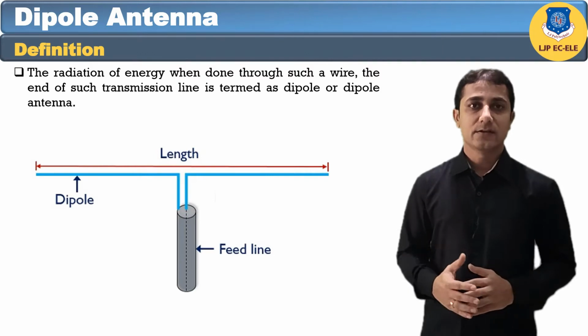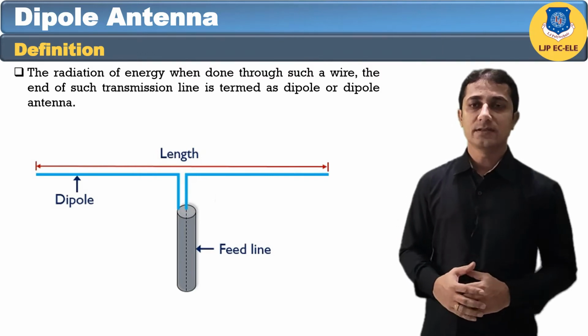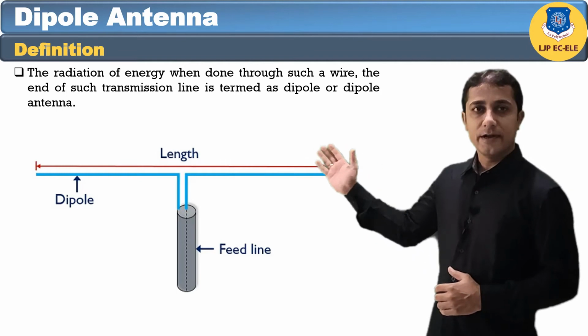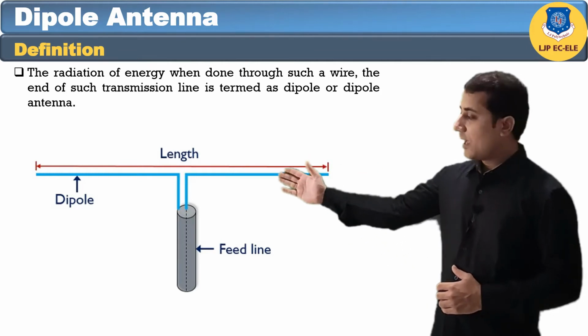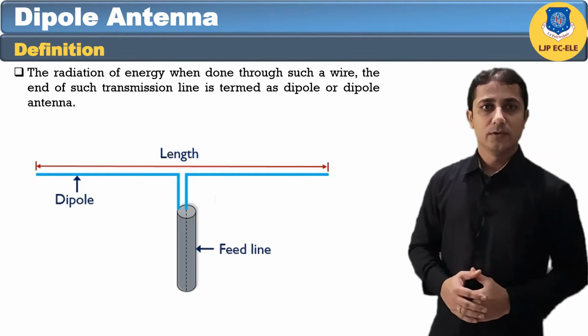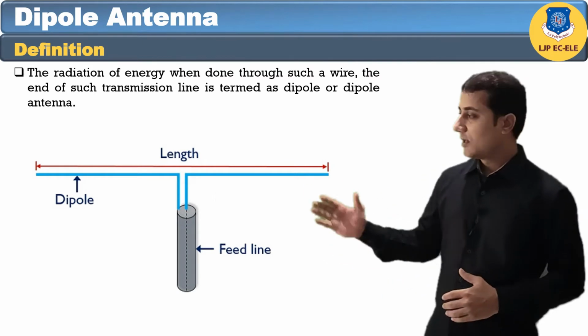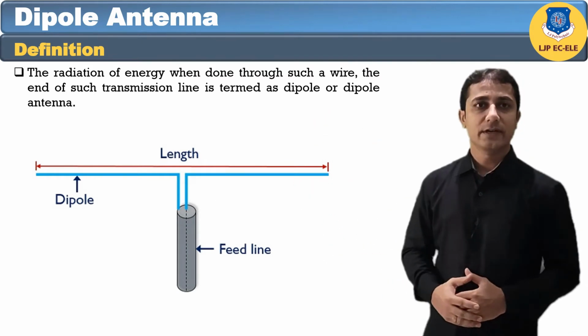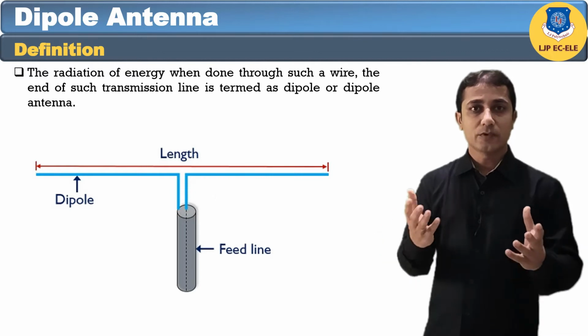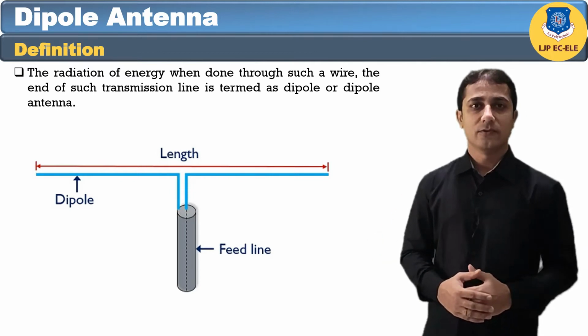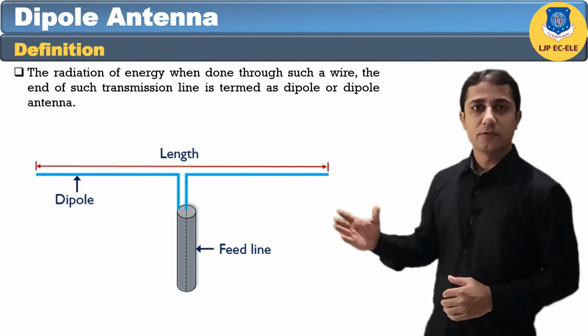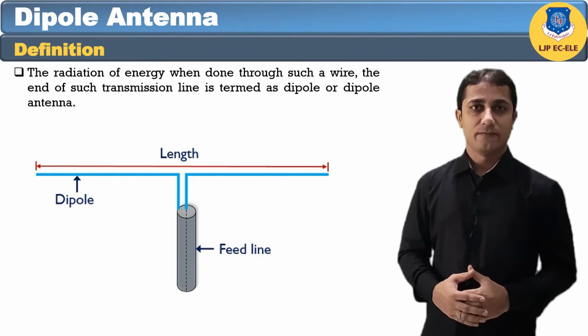The reactance of the input impedance is a function of the radius and the length of the dipole. The smaller the radius, the larger the amplitude of the reactance. It is also proportional to the wavelength, as lambda is proportional to 1 upon f.